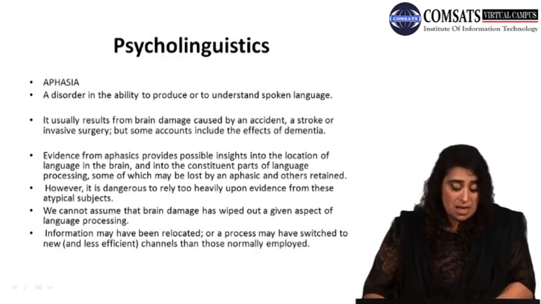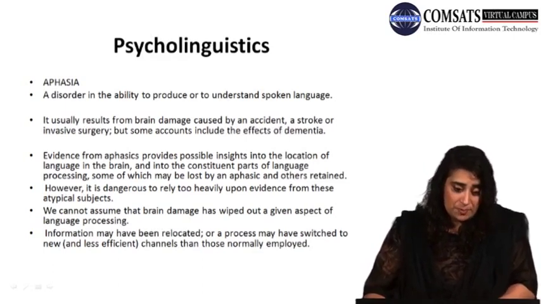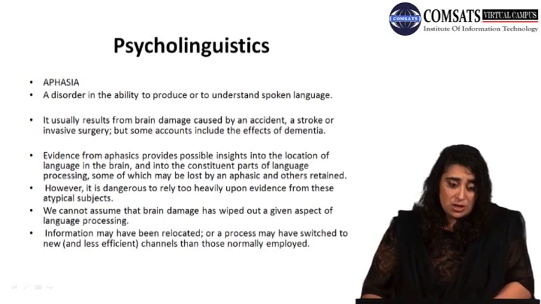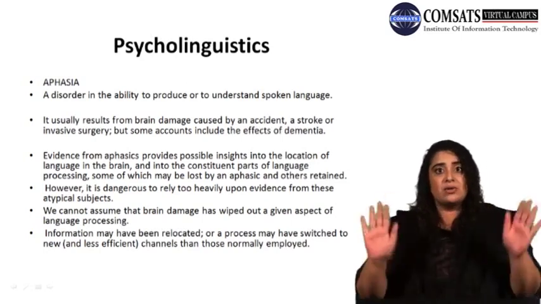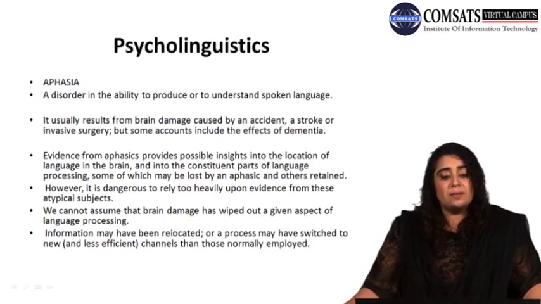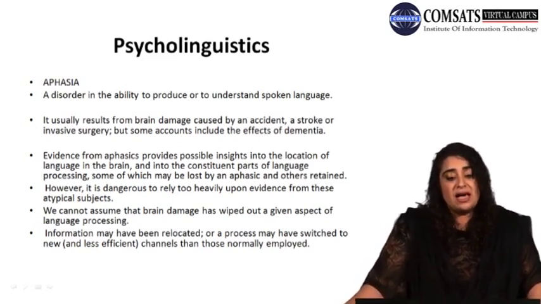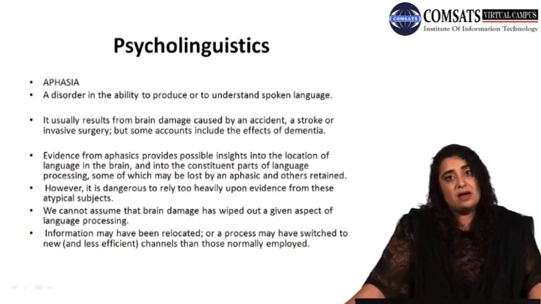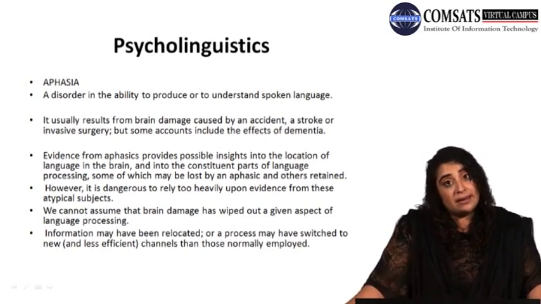We can't say that it has been affected completely by brain damage. We can't say that it's completely wiped out, or that nothing of it remains, or that language processing has been completely damaged because of brain damage. Information may have been relocated.